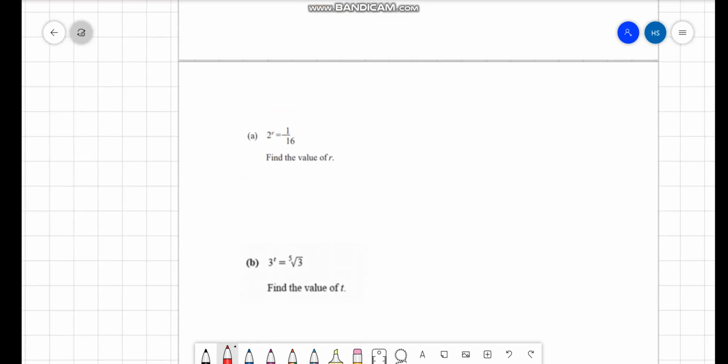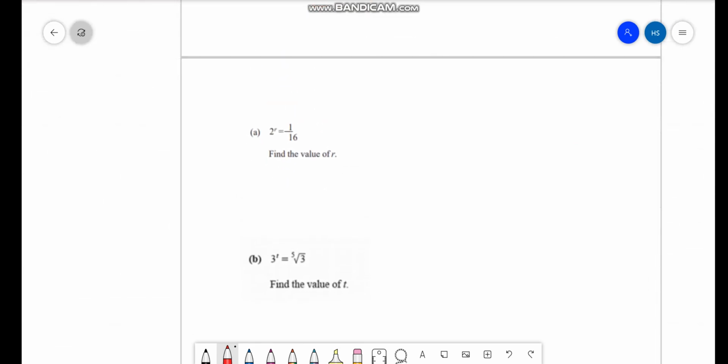So next one, 2 power r equals 1 over 16. Find the value of r. How are we going to do this? Very simple. As you know, 16 is actually 2 power 4, right? So we can change the 16 to become 2 power 4. So you will get 2 power r equals 1 over 2 power 4.